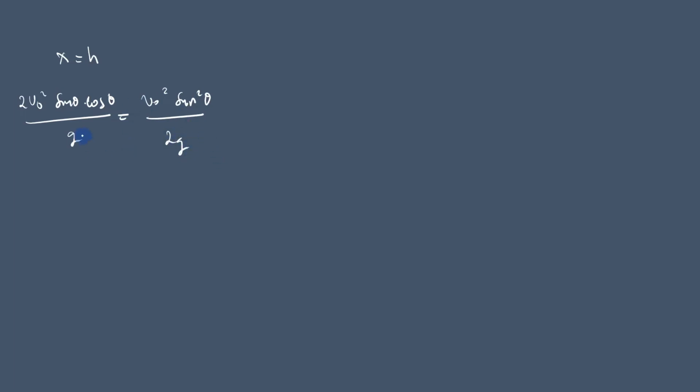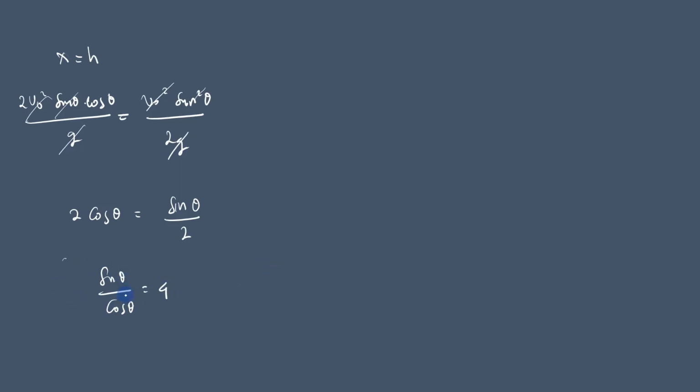We can remove g and Vo square, and we get 2 cos theta times sin theta equals sin square theta divided by 2, and we get sin theta divided by cos theta equals 2 times 2 equals 4.